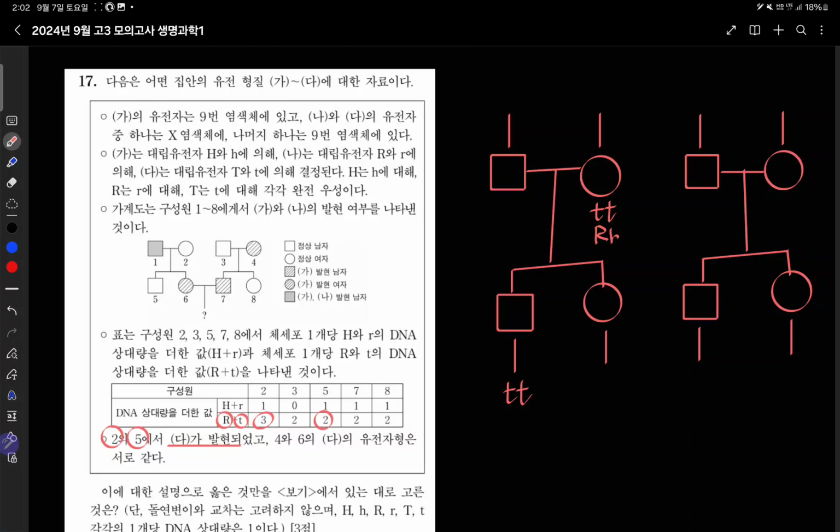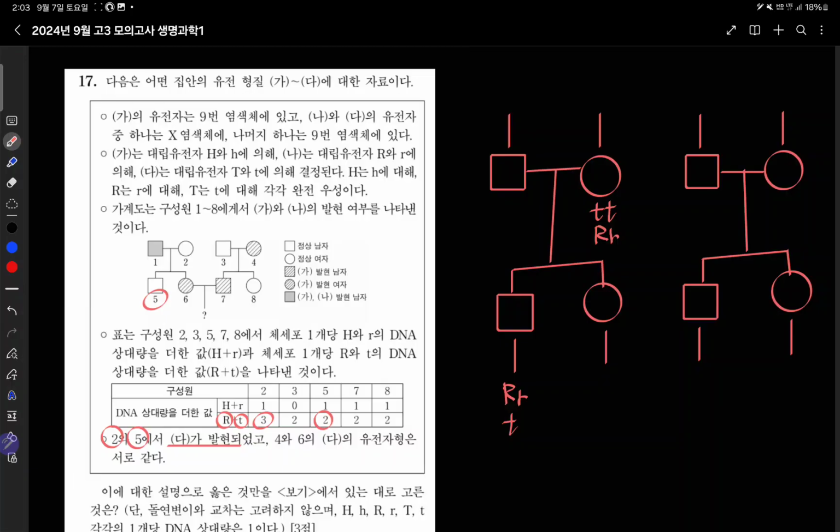That means he should be homozygous recessive for the lowercase r allele. In such case, he needs to have the second trait, but individual number 5 does not have the second trait. That means he needs to have at least one capital R allele. For that to be possible, he needs to have only one lowercase t allele.